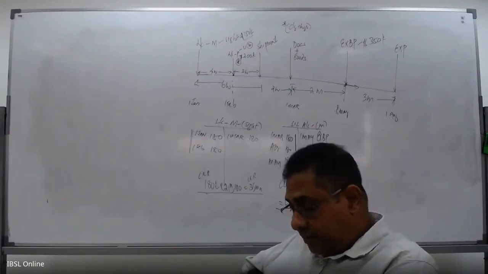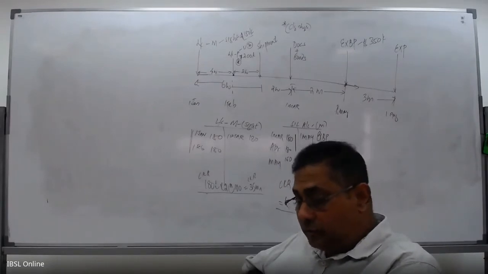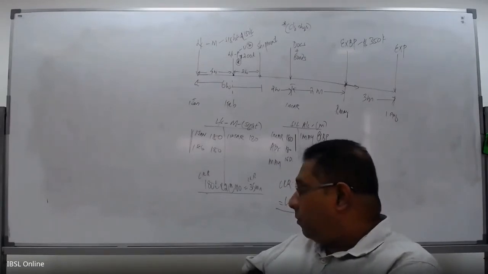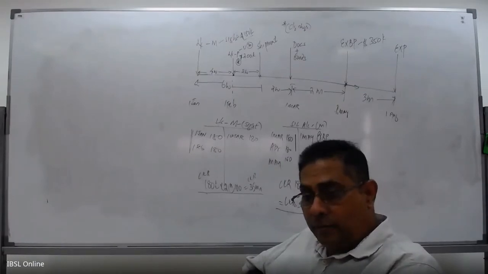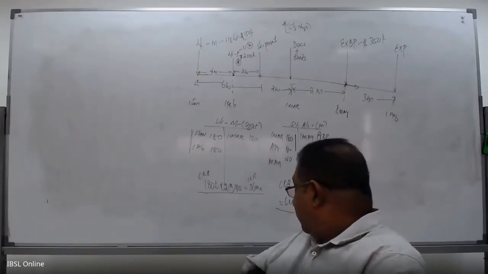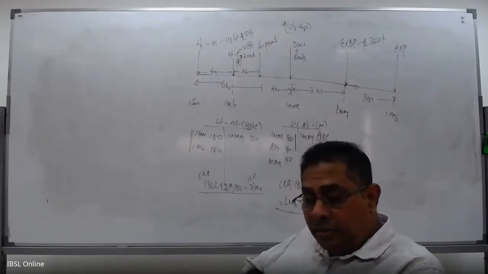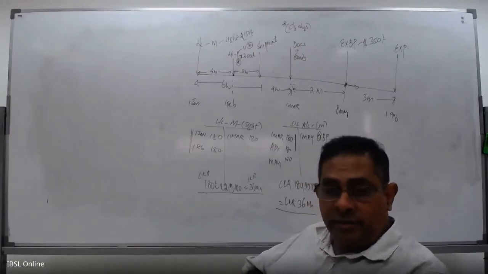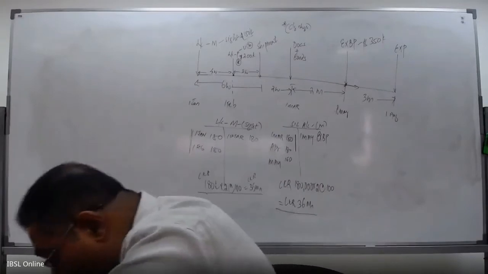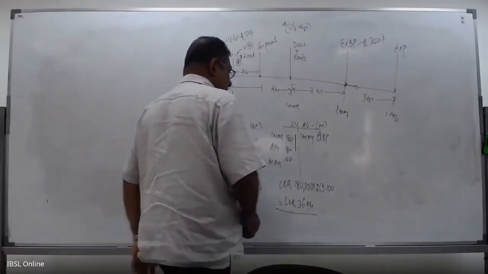Underneath you say, therefore, the loan facility for this purpose is equal to LKR 180,000 into 2 at the rate of 100, further equal to LKR 36 million.